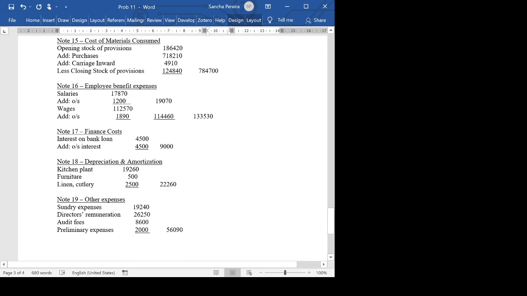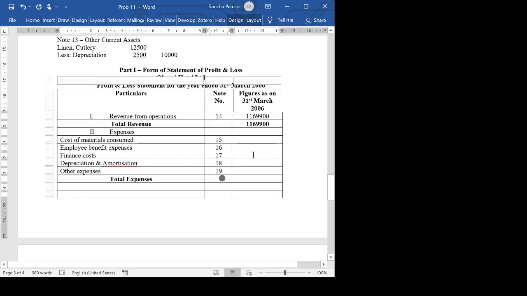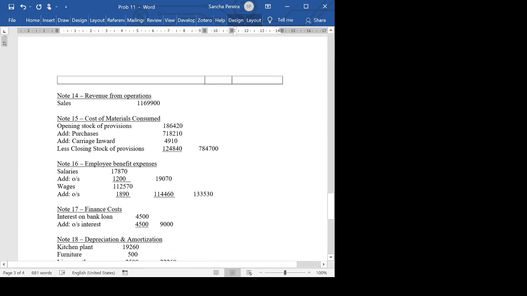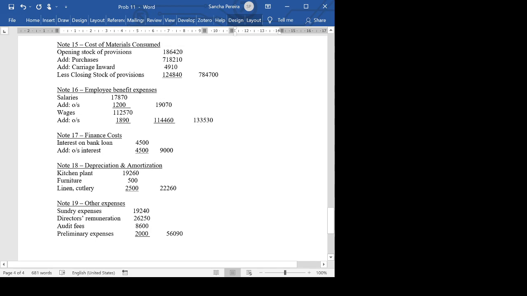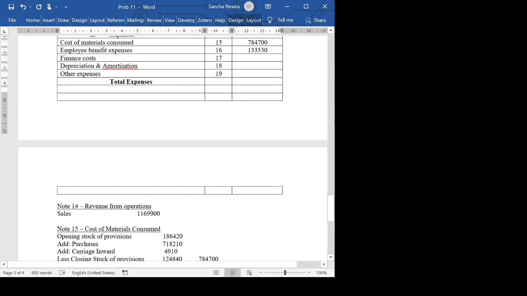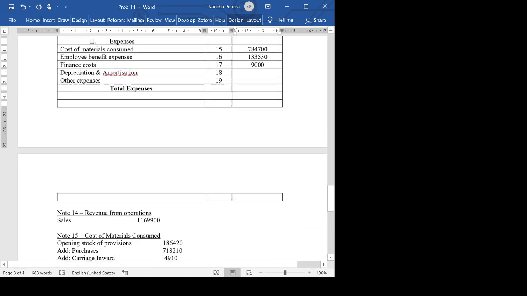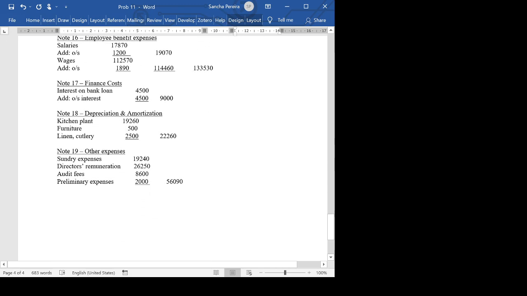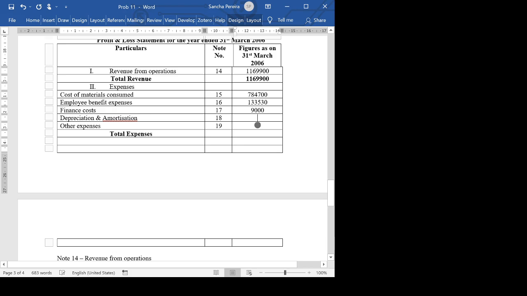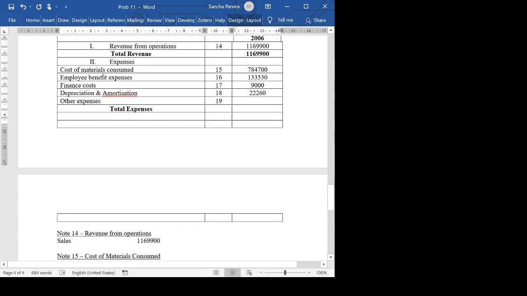So let's check the figures. Cost of materials is 784,700. Employee benefit expenses are 133,530. Finance costs are 9,000. Depreciation and amortization is 22,260. And finally, other expenses come to 56,090.